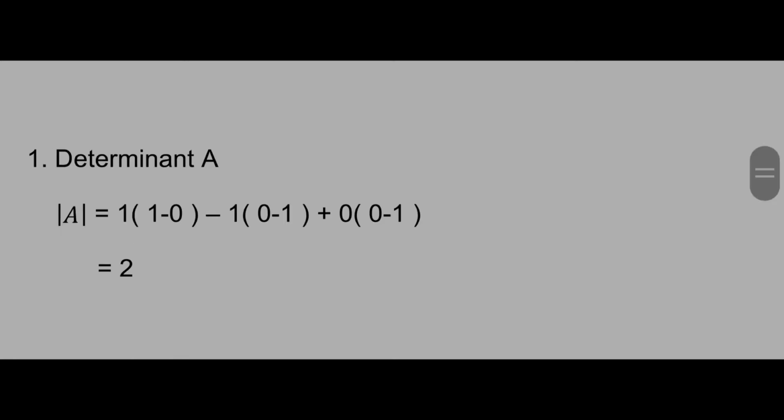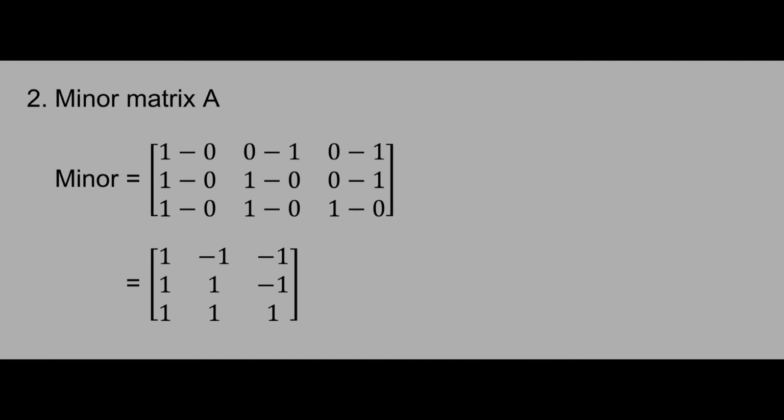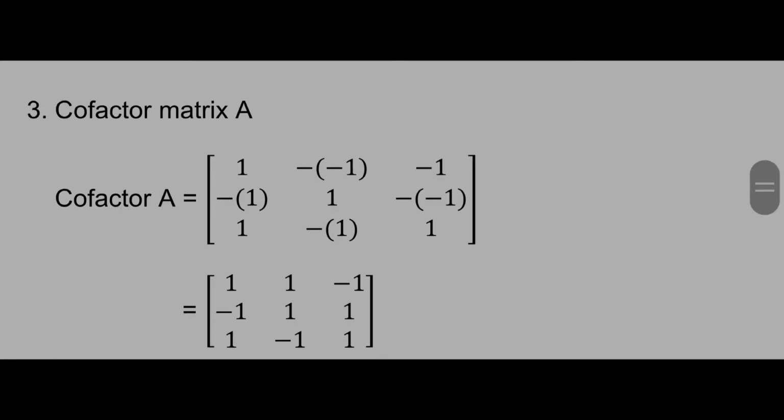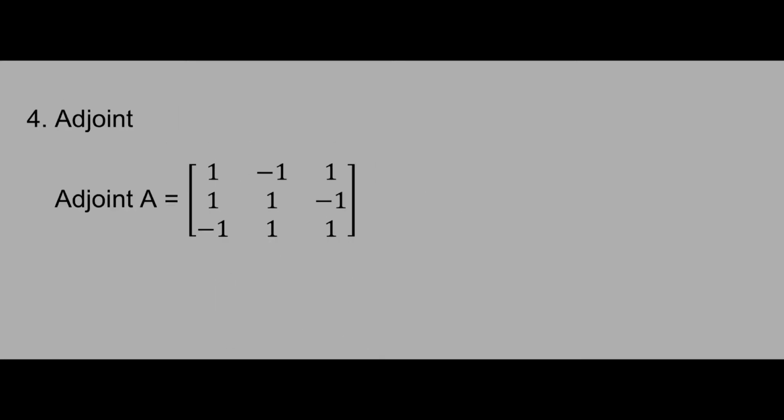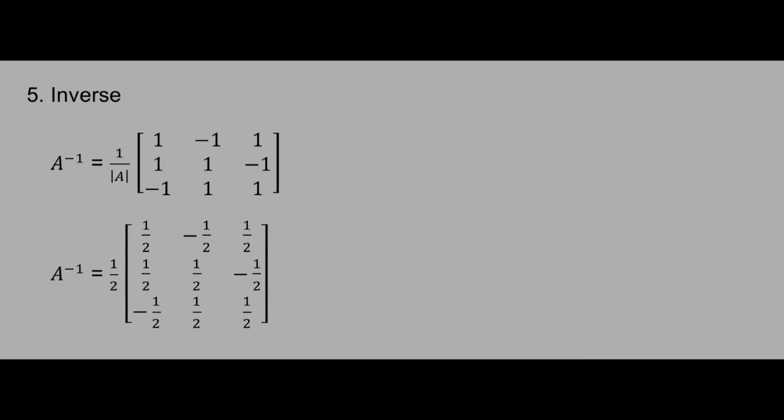After that, we create a 3 times 3 matrix for the inverse transpose matrix. Step 1, we determine the matrix A by choosing the first row. Step 2, we find the minor of matrix A. Step 3, we find the cofactor of matrix A. Step 4, we find the adjoint of matrix A. Step 5, we take the inverse of the adjoint matrix.